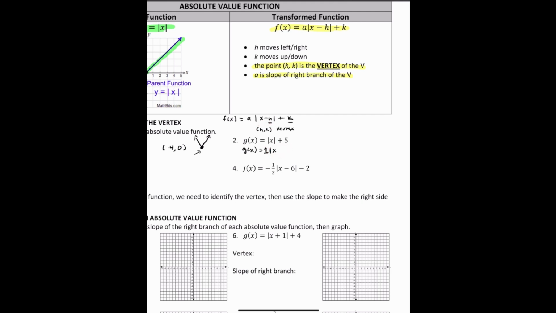Well, since it's just x, you can just assume that there's an x minus 0 inside of the bars. And then we can write plus 5. So plus 5 plus k. So here is our h, and here is our k. So remember, the vertex is h comma k, so it's 0, 5.